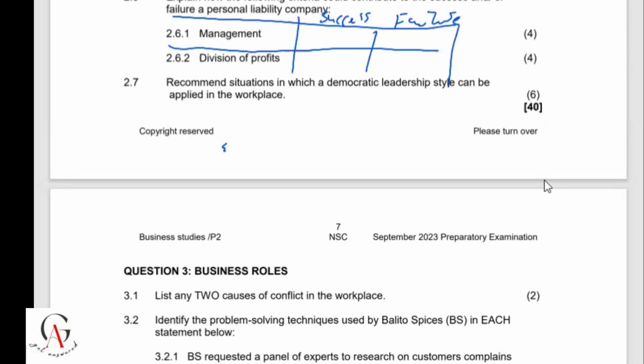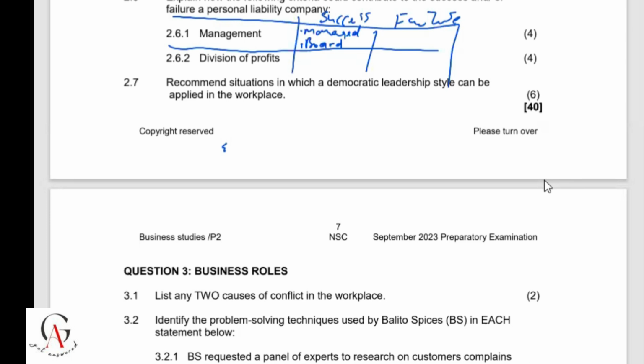Okay, right. So now, on the success factors, this company should always make sure that they are managed by a competent board of directors who may be experts in their fields. So now here we are saying that it should be managed by a board of directors that are actually skilled in that manner, and they should be experts.